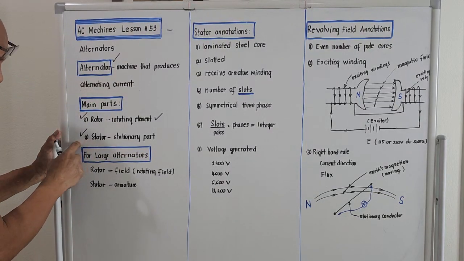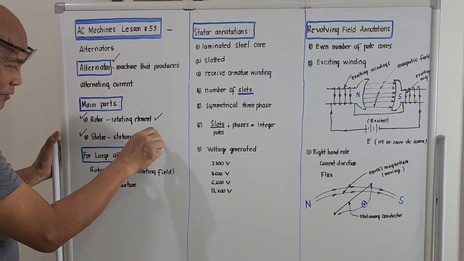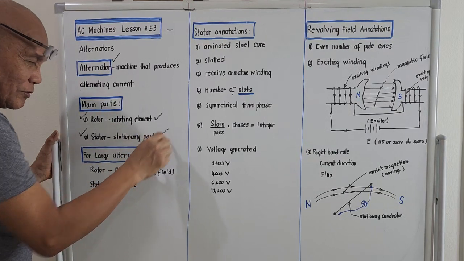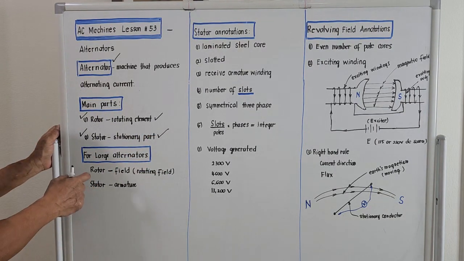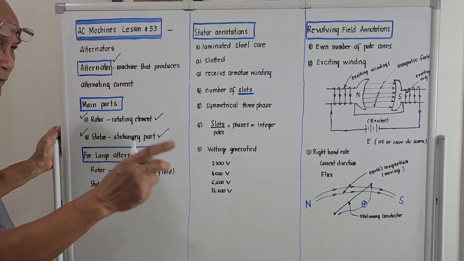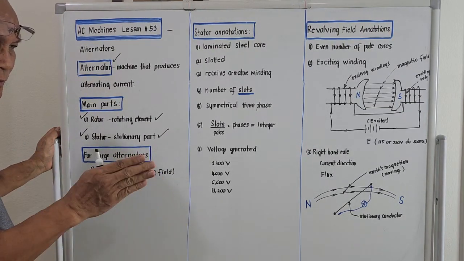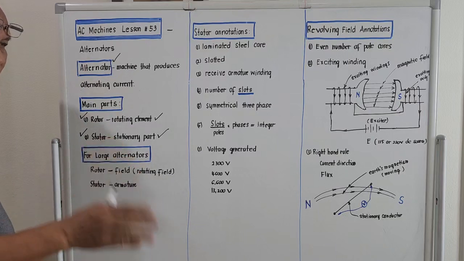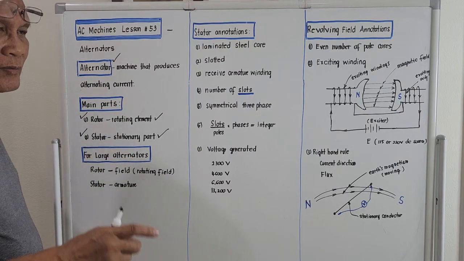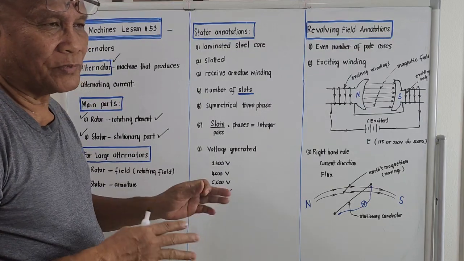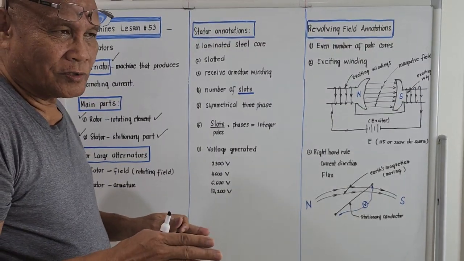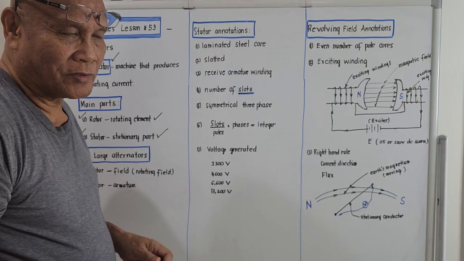So when we say stator, it is the stationary part of an alternator. For large alternators, we will just concentrate our study on the alternators that produce our alternating current for our households and businesses.